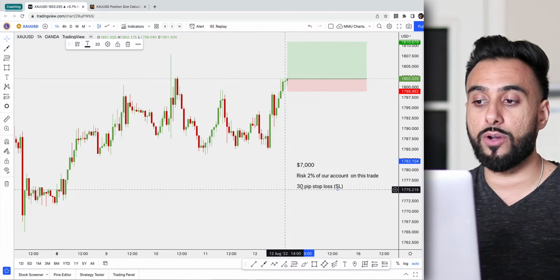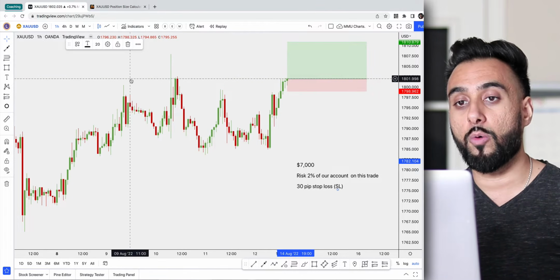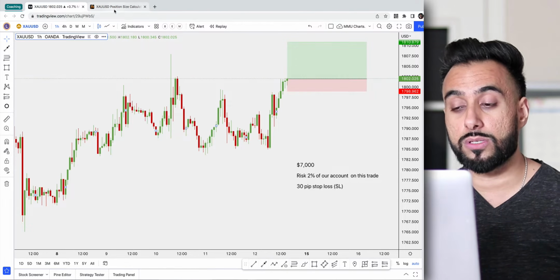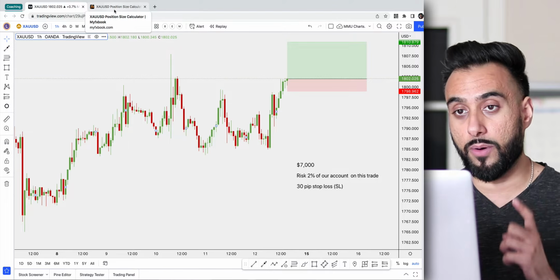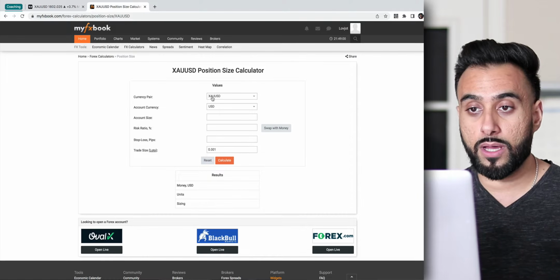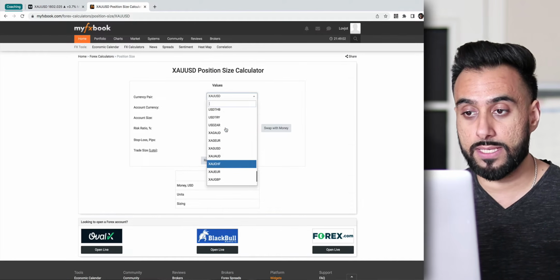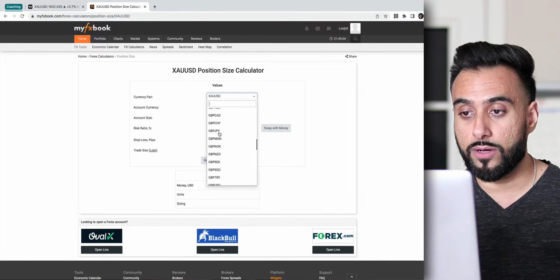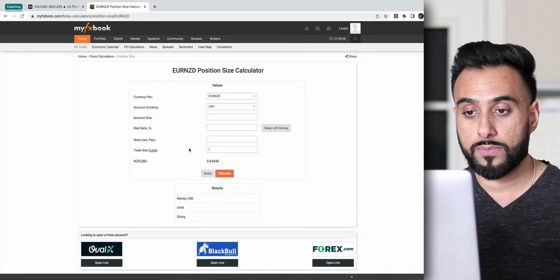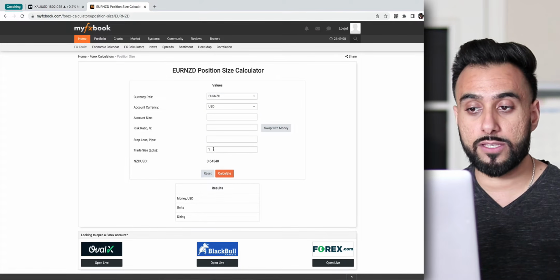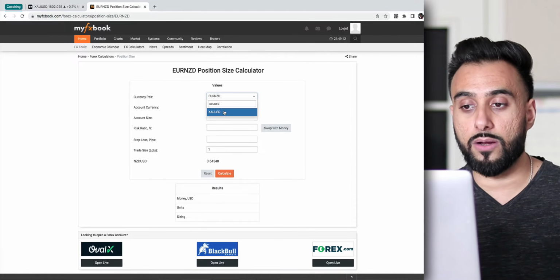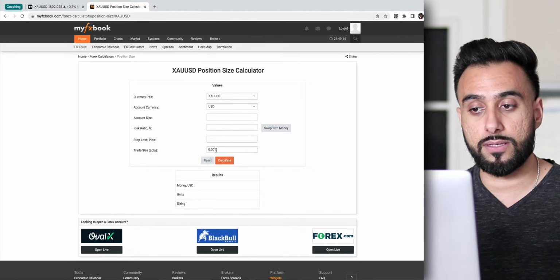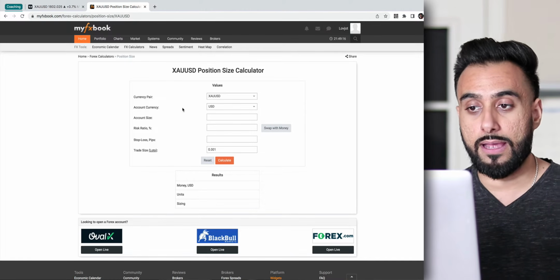We would simply plug those numbers in and be mindful of one specific part. Whenever you are looking at a regular currency pair, the trade size lots, leave this alone, leave it on 1. And whenever you're looking at gold, leave this how it is as well. Just leave that alone and follow along.